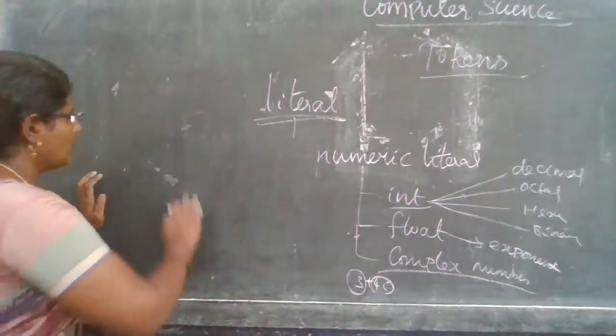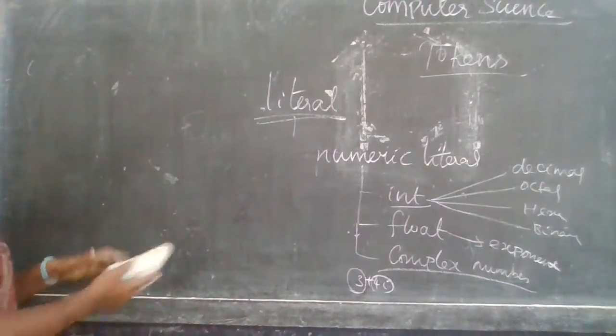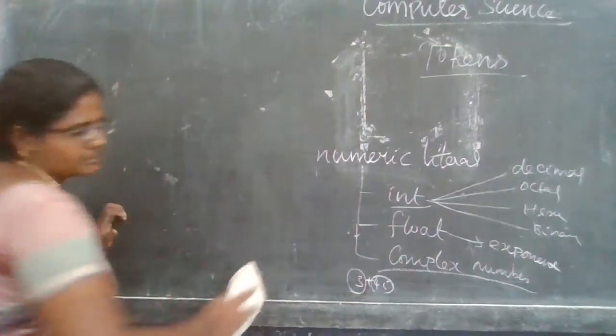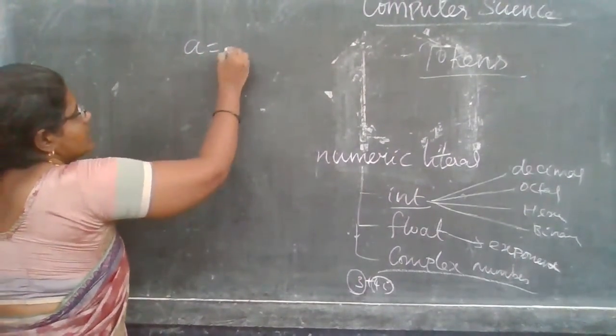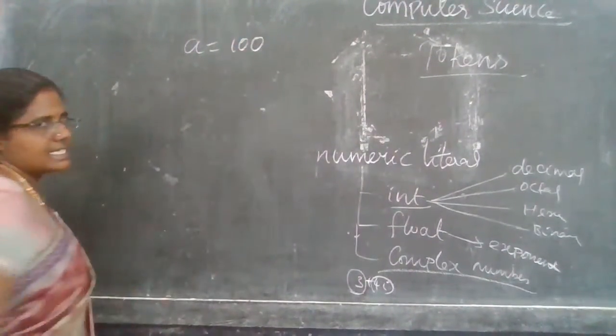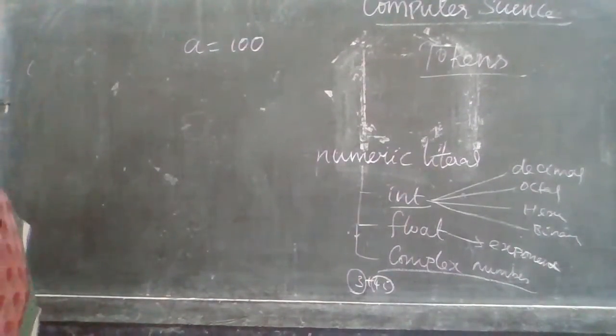Now we see one more example to explain numerical literals. If I assign a equal to 100, it is considered a numerical literal, that is basically decimal. Okay, it is considered decimal.